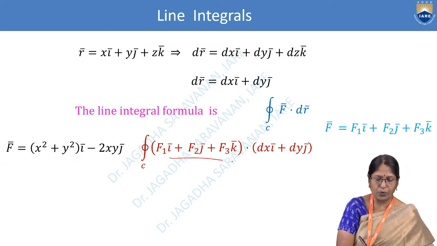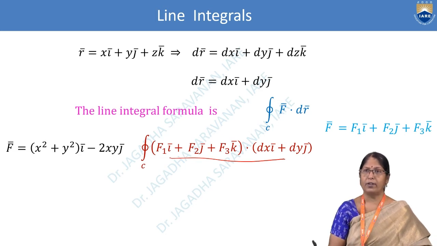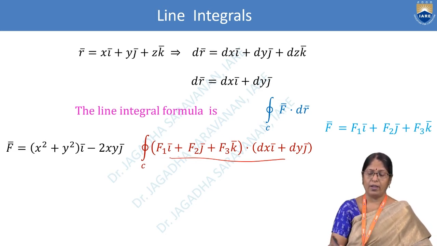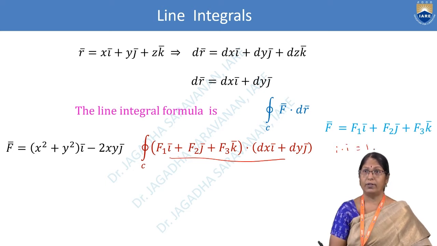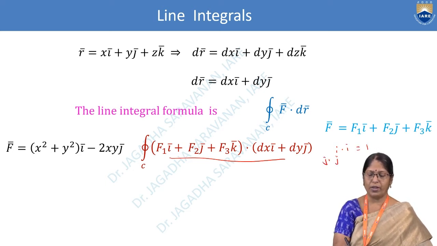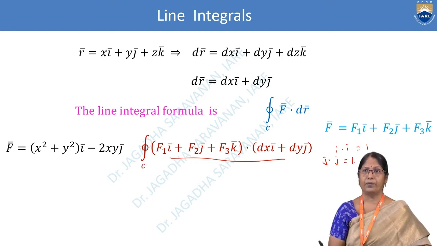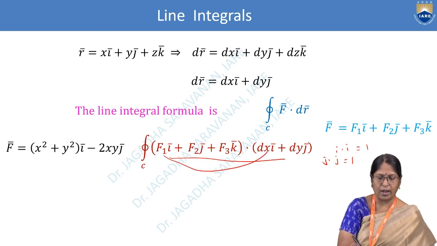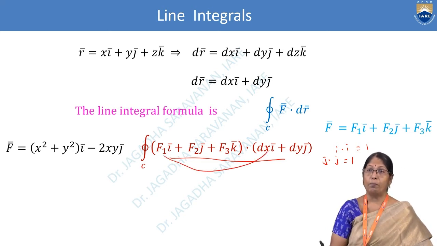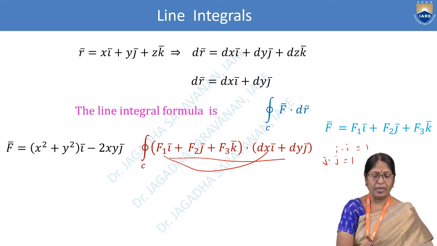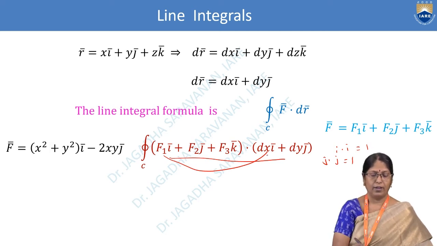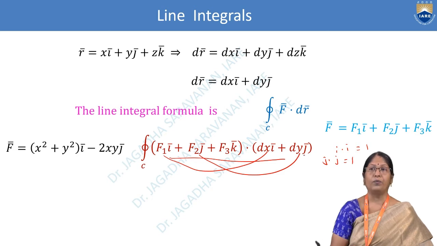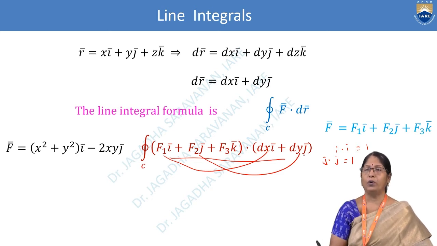So now we are going to do the dot product. In the dot product, i dot i is 1, j dot j equals 1, and i dot j is all equal to zero. So multiplying, we get F1 dx from i dot i, and from j dot j we get F2 dy.